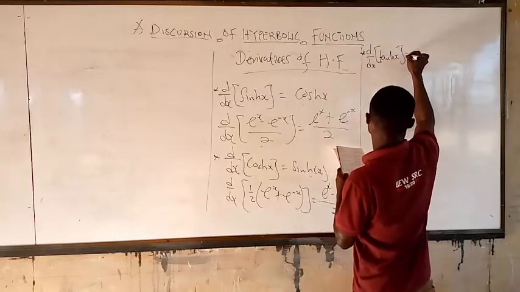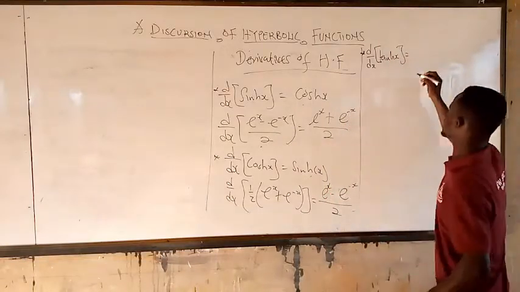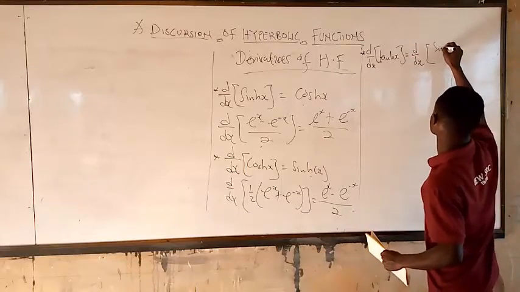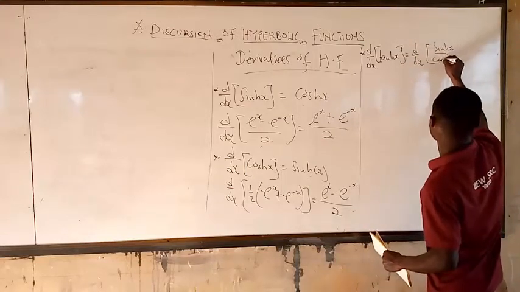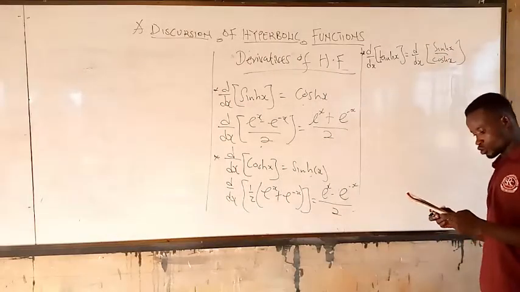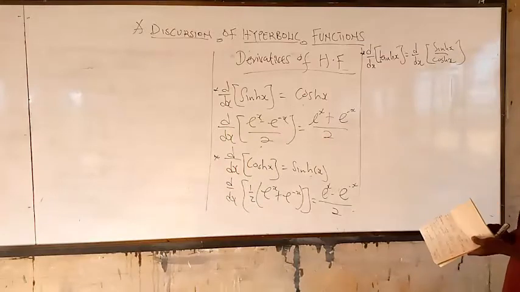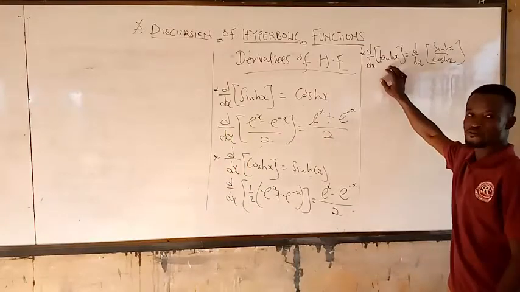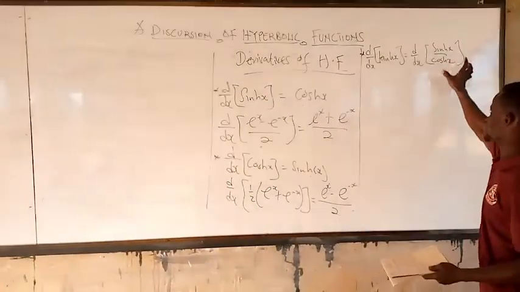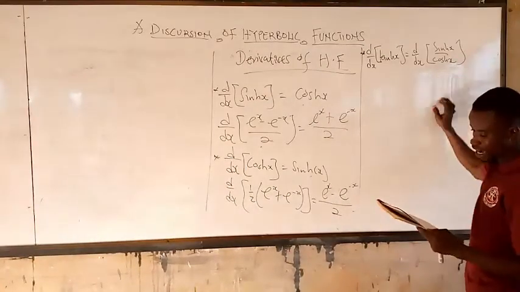tanh s. We know that tanh s is the same as sinh s over what? Cosh s. Beautiful. So, if you want to take the derivative of tanh s, then we have to take the derivative of this. And this is the same as what?